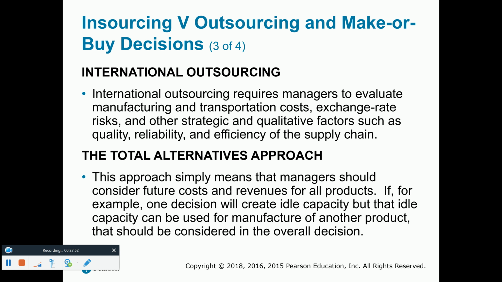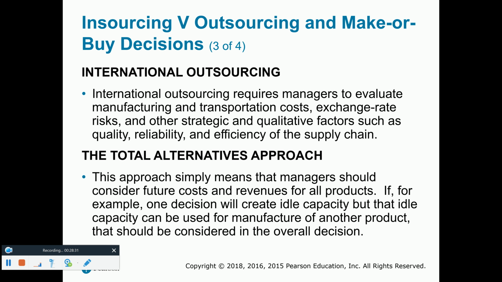All right, if we outsource internationally, which happens a lot, how many times have you picked up a product here in the United States and it says made in China? Right, that's because of international outsourcing. You're going to a different country. You have to evaluate not only the other country's labor costs, but also transportation costs, exchange rate risks, the quality of the product made outside of your domain, the reliability of this international outsourcing company, how efficient they are.